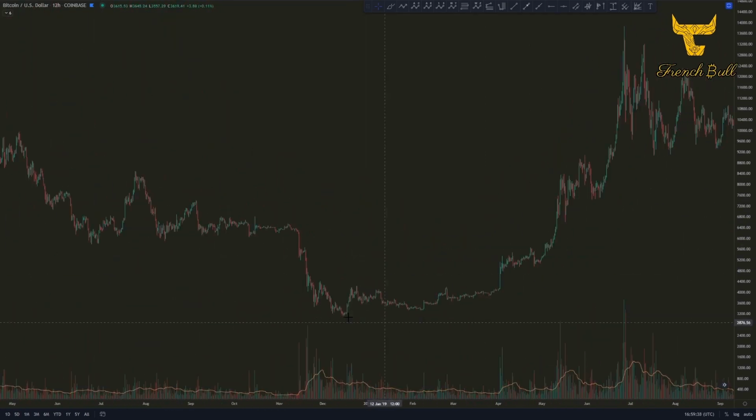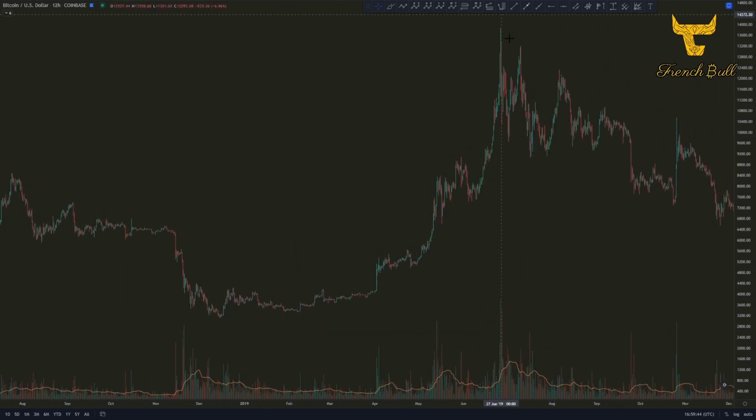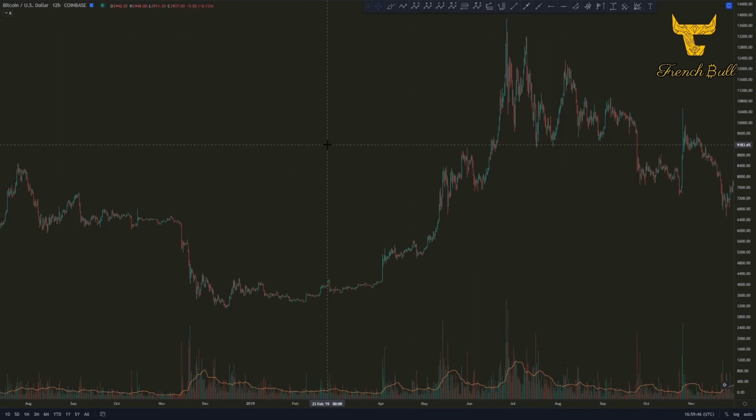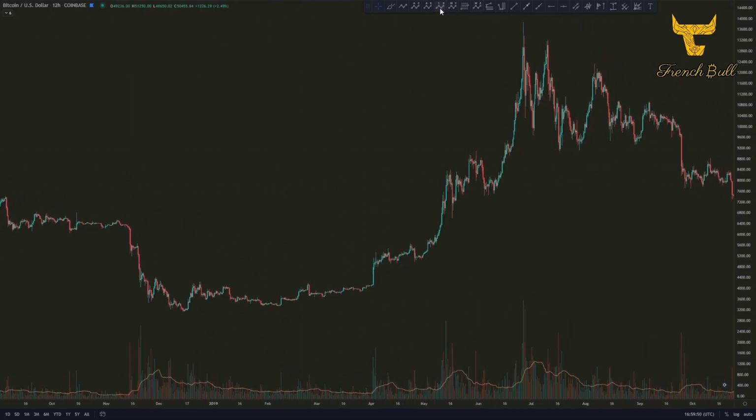So here's the price action from Bitcoin in December 2018 to summer 2019, that we know now is an impulsive wave. There's no doubt about this.